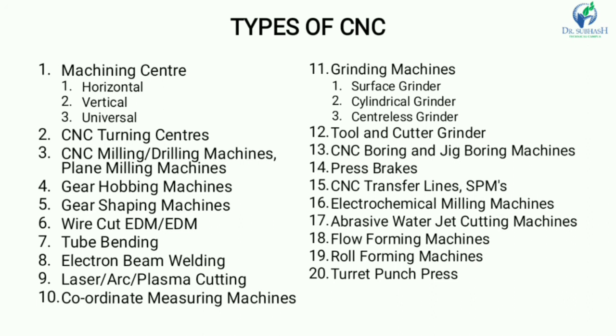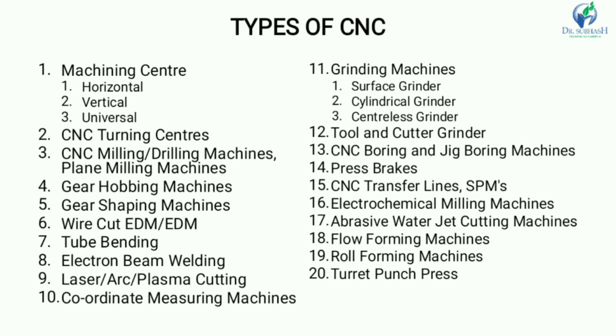Then CNC turning center, CNC milling, drilling machine, plano milling machine, gear hobbing machine, gear shaping machine, wire cut EDM, tube bending, electron beam welding machine, laser arc plasma cutting machine, coordinate measuring machine, CMM.